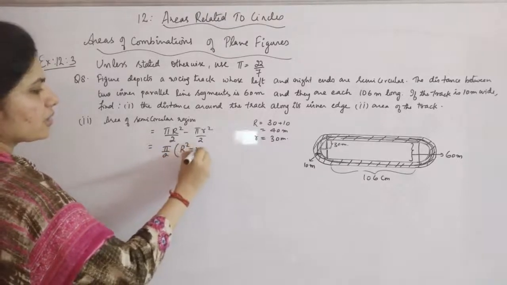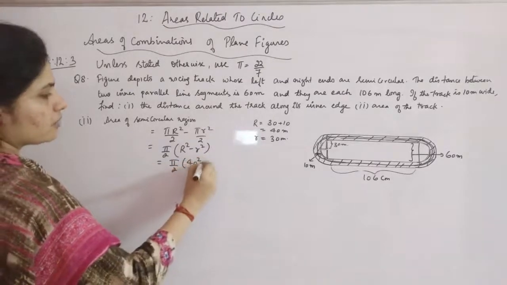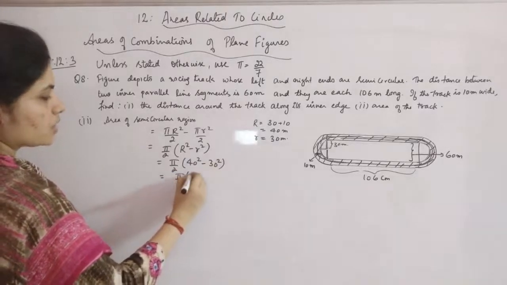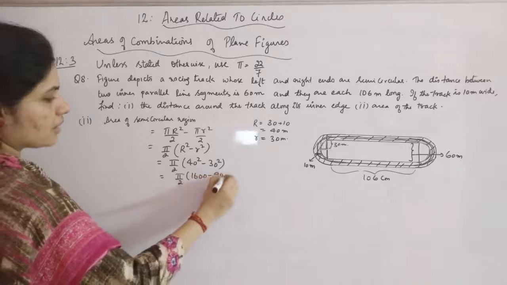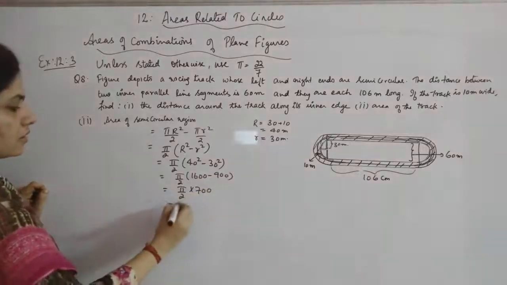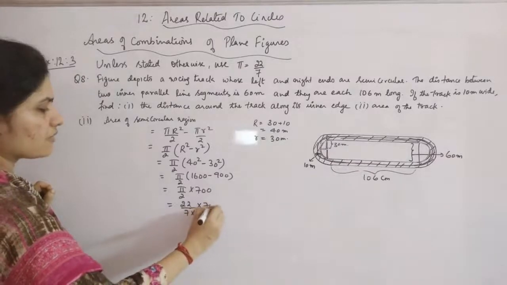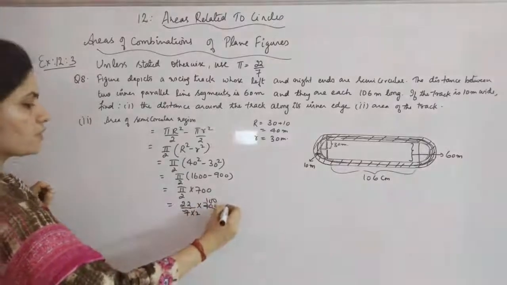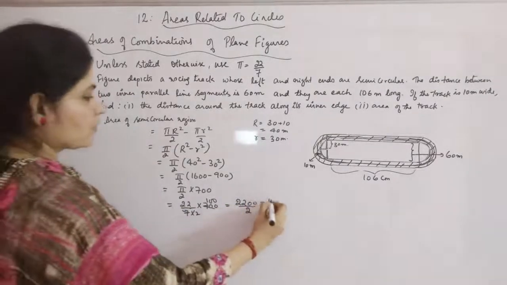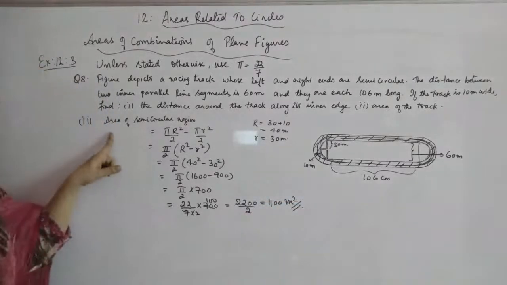This is r square minus r square, which is equal to pi by 2 into 40 square minus 30 square, which is equal to pi by 2 into 1600 minus 900, which will give you pi by 2 into 700. Now what is pi? 22 by 7, and into 700 gives 100. So you are getting 2200 divided by 2, which is 1100 meters square as the area of the semicircular region.